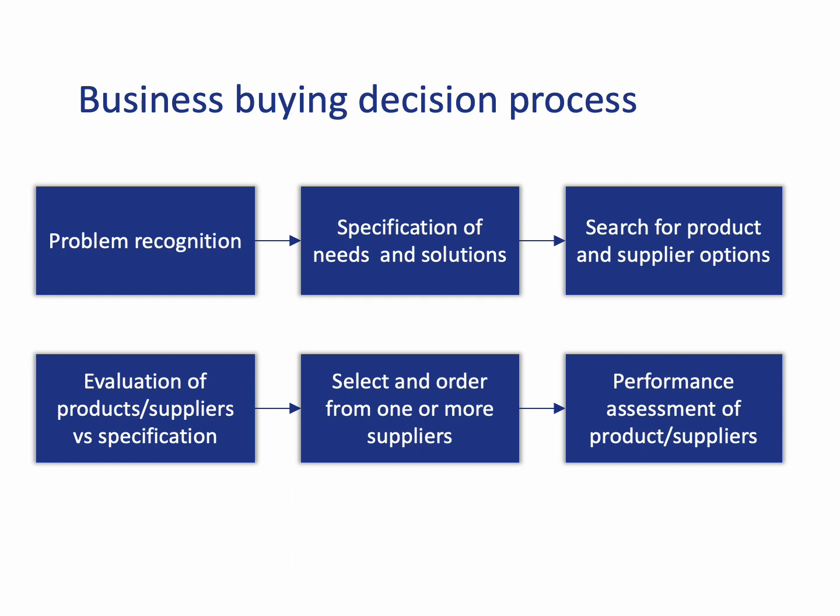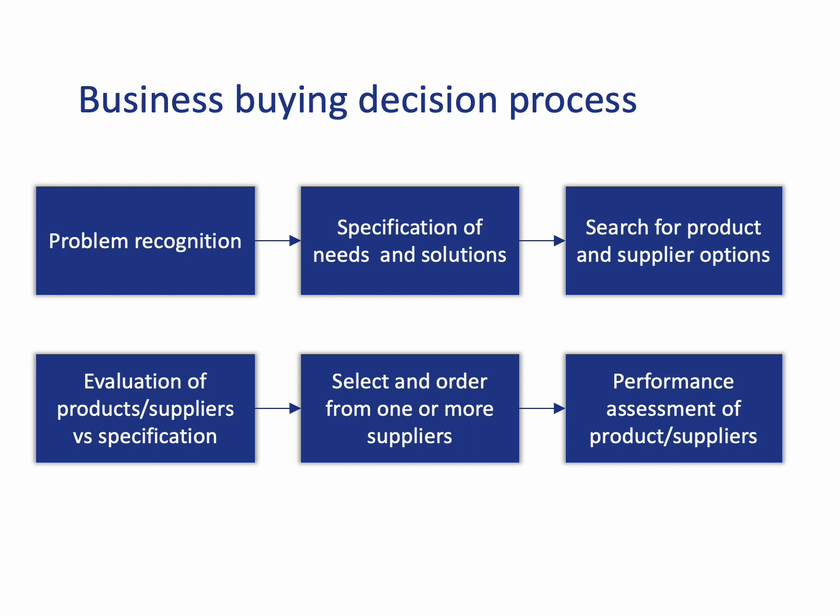So there will be dedicated members of staff from the organization or outside of the organization to search for the relevant and suitable product and supplier options. And typically there will obviously be more than one person involved just to make sure that the process is as objective as possible.